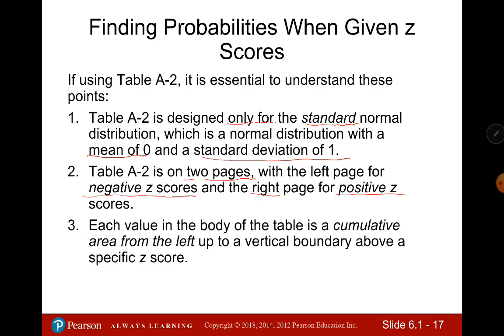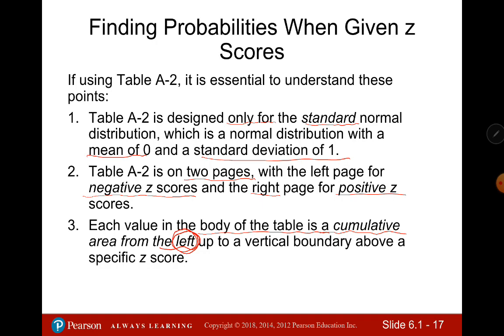The last one, I would say, is very important. Maybe this property is not the same as in your previous course. The body of the Z table is a cumulative area from the left.